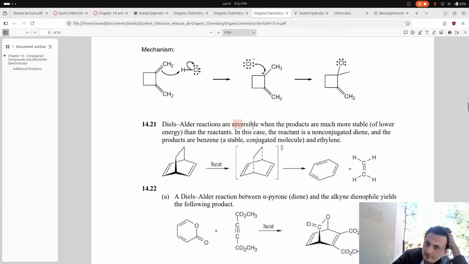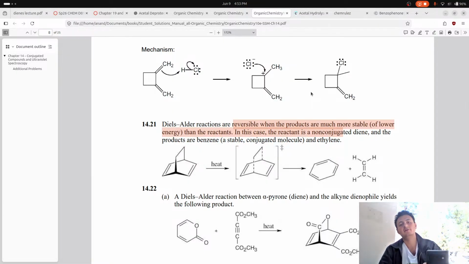It turns reversible when products are much more stable. Right, the 1-4 stuff and the 1-2 stuff. Okay.